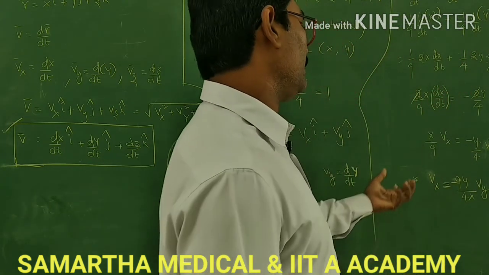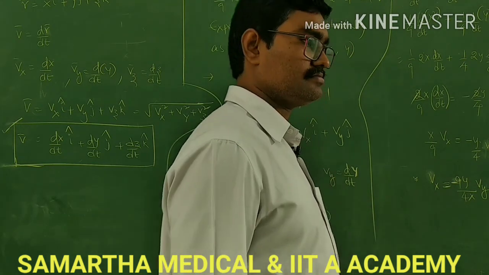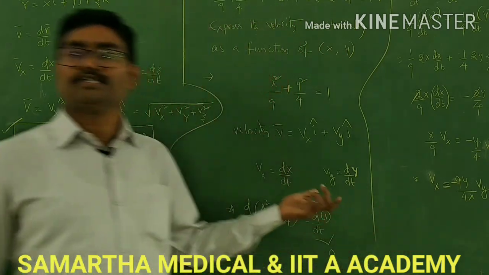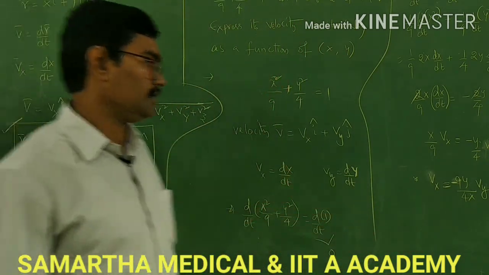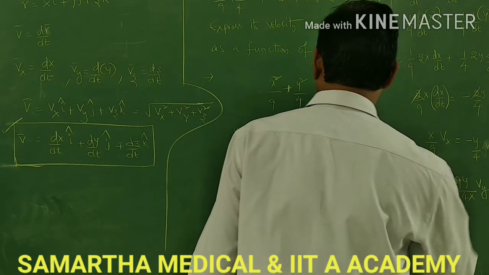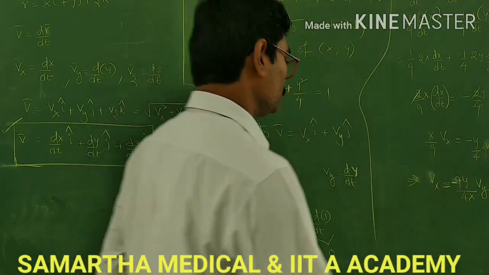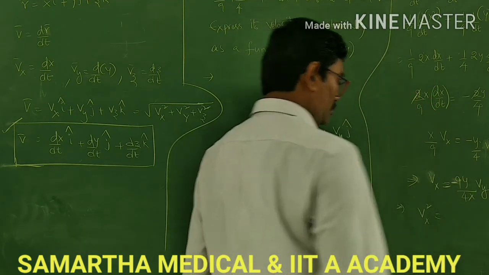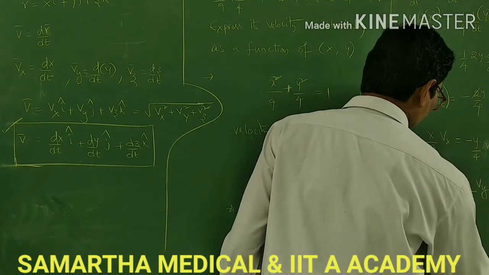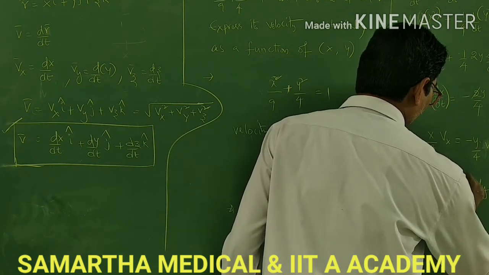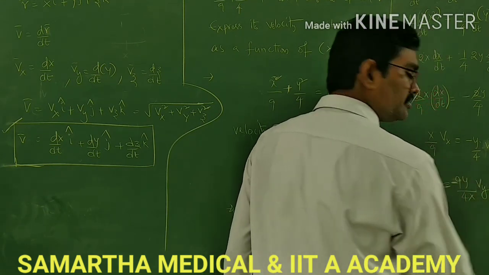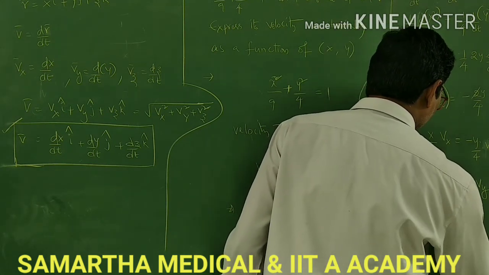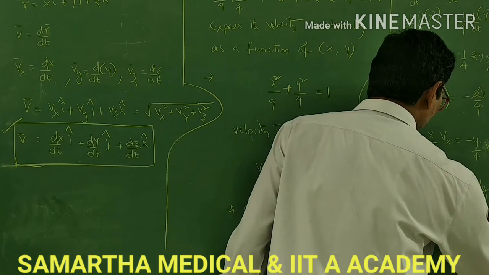If you want to find the magnitude of this vector, how can you find it? Root over vx square plus vy square. Vx square, what is this value? Minus 9y by 4x into vy, whole square. The value is 81y square by 16x square into vy square.